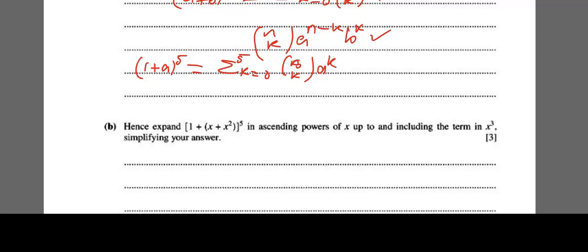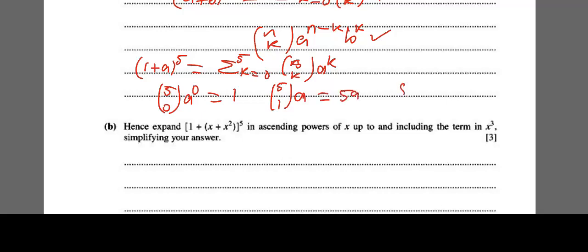So let's break this down a bit. If we break it down, you will observe that we have 5 choose 0, the first term. x will be to the power 0, and this is equal to 1. We can have 5 choose 1 times x, which gives us 5x.